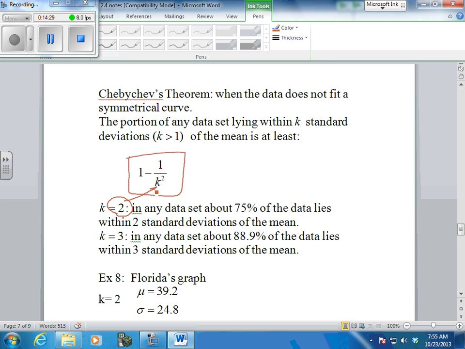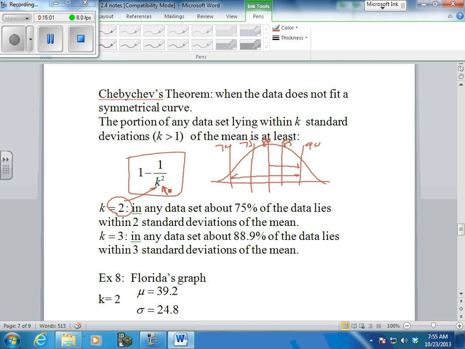So he estimates, let's show you this way. Here's the 80, 85, 90. Here's my 2 standard deviations. My 2 standard deviations says I should have 95% of my data. But now I'm determined that this is not a normal curve. So I find my 2 standard deviations and I plug it into this formula.